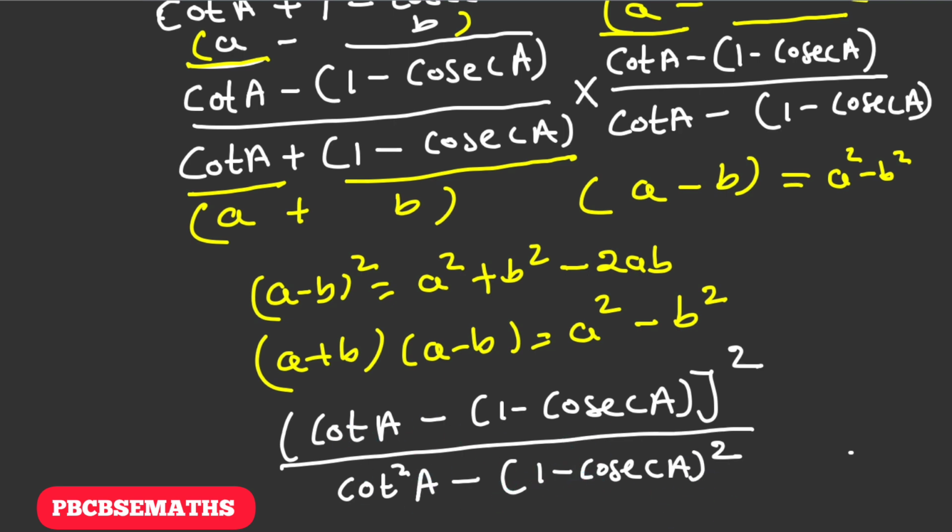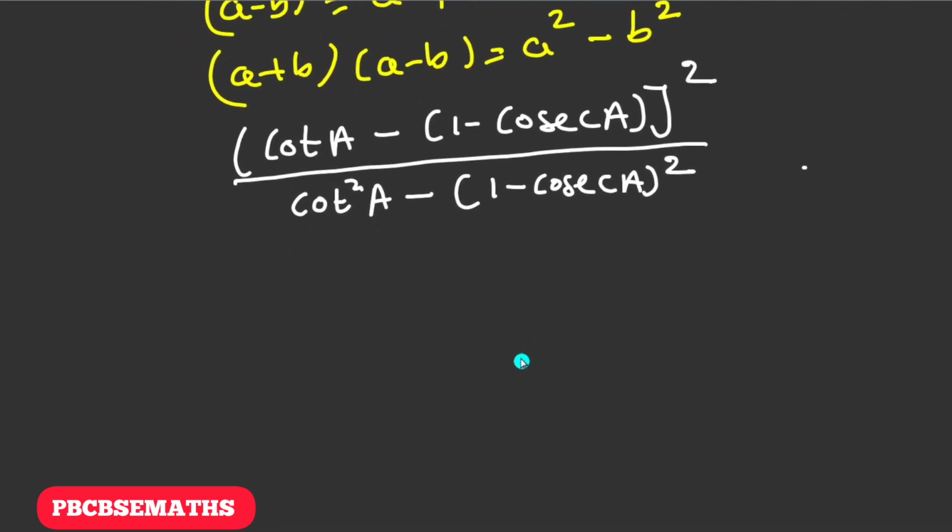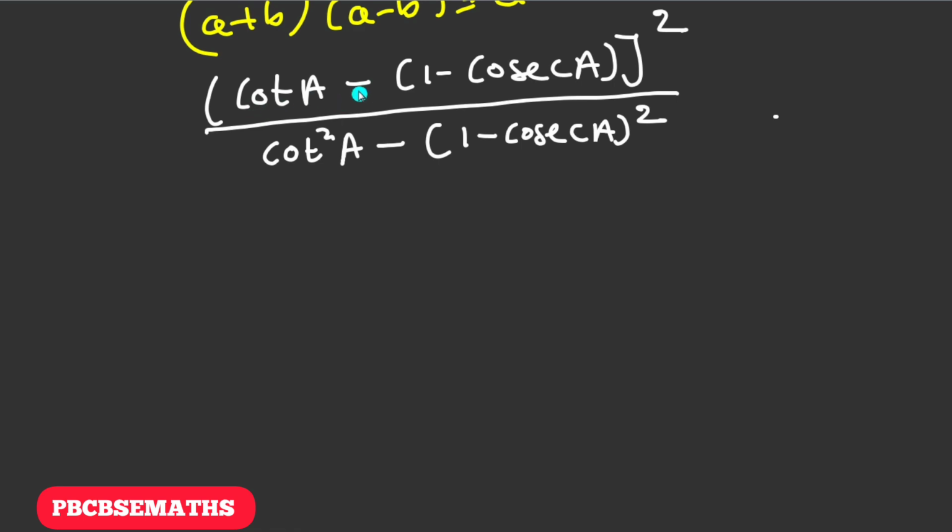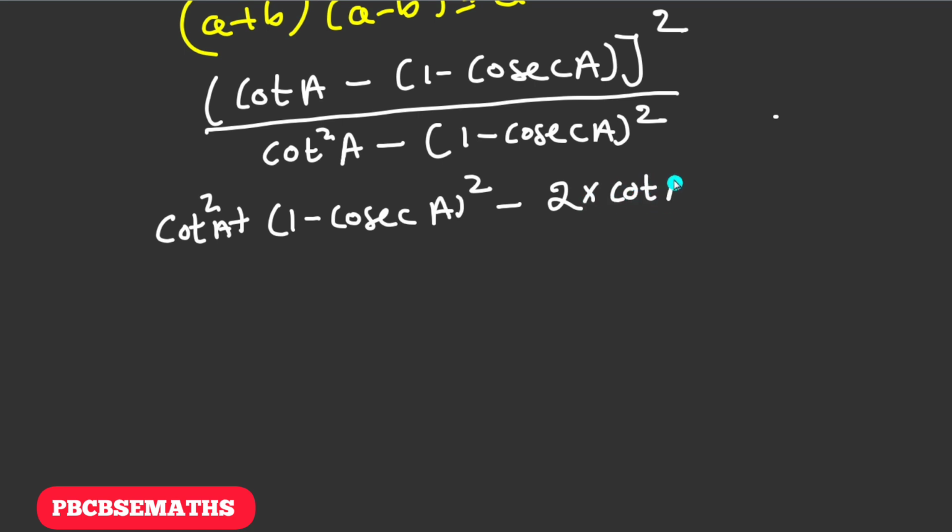Further, let's simplify this one. Simplification gives us, since it is in the form of (A minus B) whole square, we can expand this with respect to that algebraic identity. We can write cot square A plus (1 minus cosec A) whole square, that is A square plus B square minus 2 into A into B, that is cot A into (1 minus cosec A).